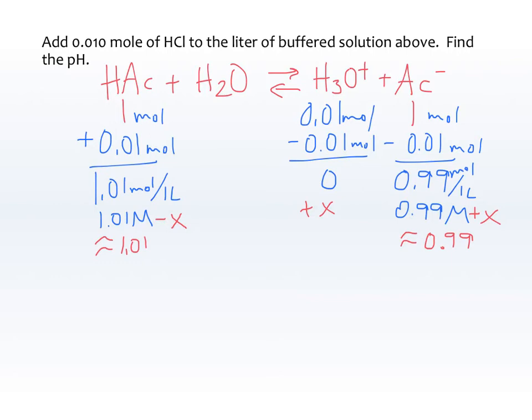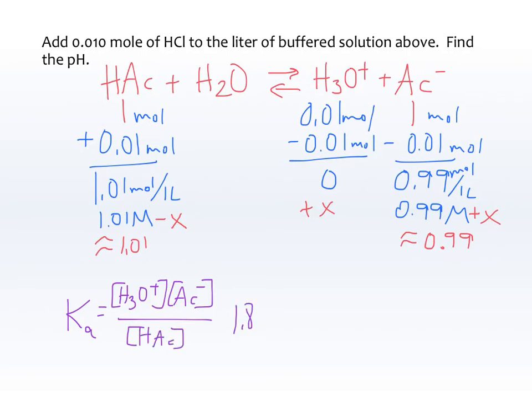So I'm going to plug that into my Ka equation. H3O+ times Ac minus over HAc. That's 1.8 times 10 to the negative 5 is equal to X times 0.99 divided by 1.01. Multiply both sides by 1.01 and divide by 0.99.